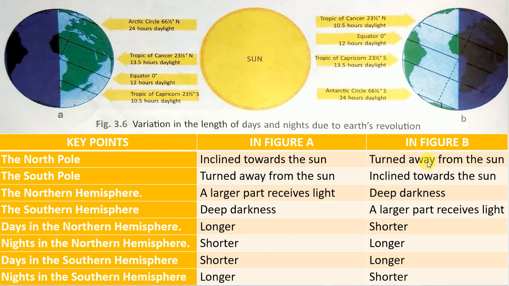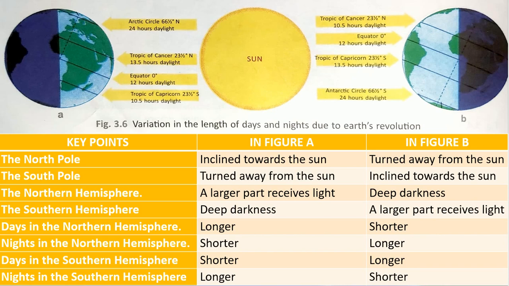So, as I have written here, in figure B the North Pole is turned away from the sun and the South Pole is inclined toward the sun. There is deep darkness in the northern hemisphere, and in the southern hemisphere a large part receives light. That is why in the northern hemisphere the days are shorter and the nights are longer, and in the southern hemisphere the days are longer and nights are shorter.